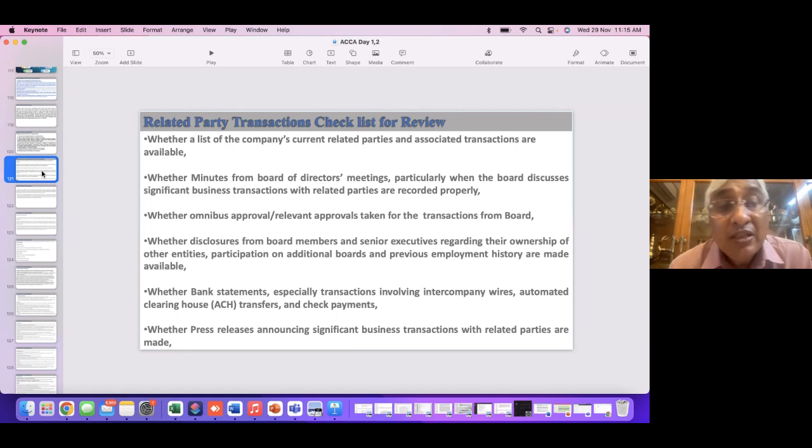So there can be different repercussions. There could be different ways of looking at a particular transaction when it is presented for omnibus approval.